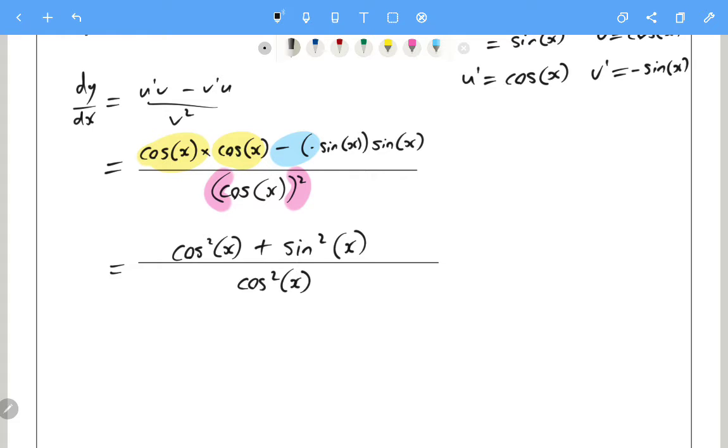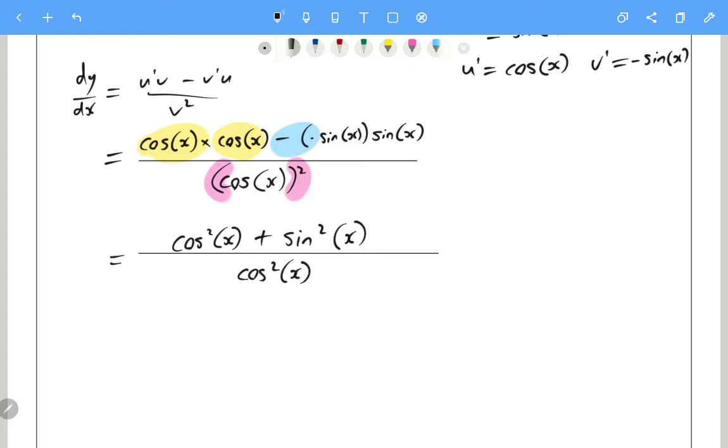Now, you might not remember this, but it's a true fact. If you add cos squared x plus sine squared of x, that's equal to 1. This is actually what's called the Pythagorean identity. So the whole top just becomes 1.